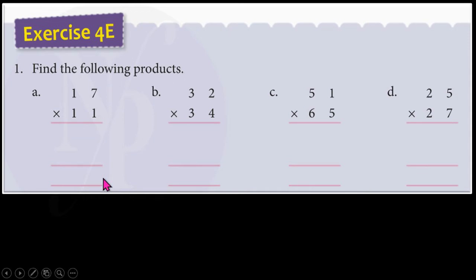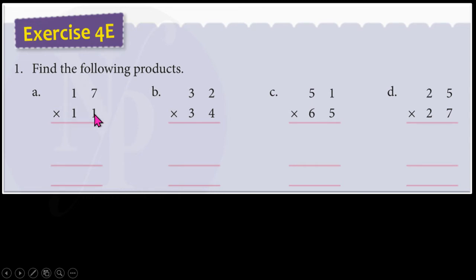In the previous session, we have understood how to multiply a two-digit number by another two-digit number. Now let us solve these problems in exercise 4E. Here we have 17 into 11.